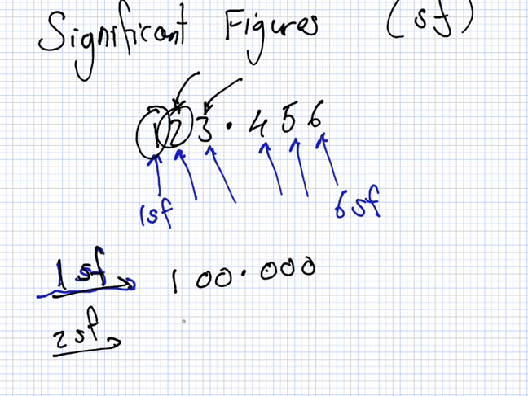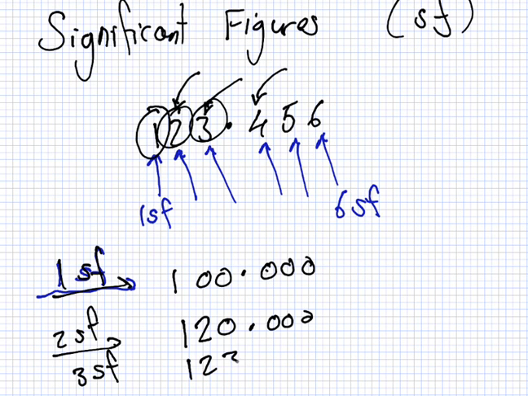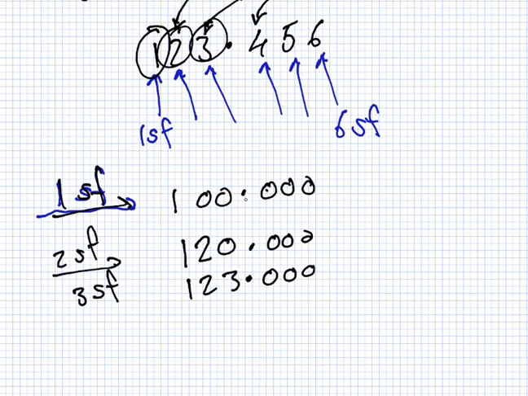Round down. So this will be 120.000. Okay, now let's do 3 significant figures. So what does the 4 make me do? Round up or down? So 123.000.